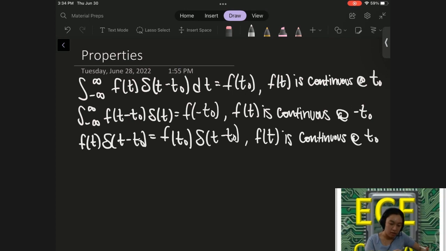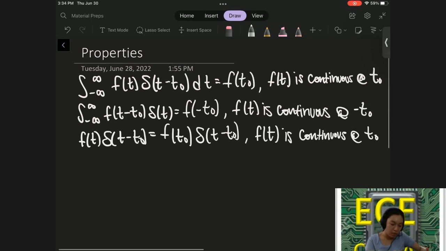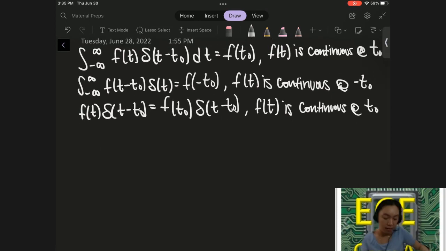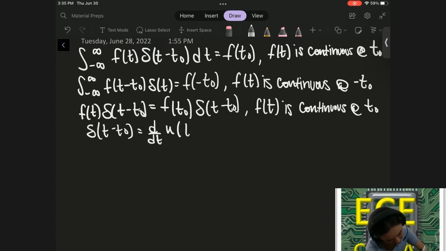Okay, let me scroll up a little. Hopefully everything fits in one screen. Delta of t minus t naught equals the derivative of u of t minus t naught.